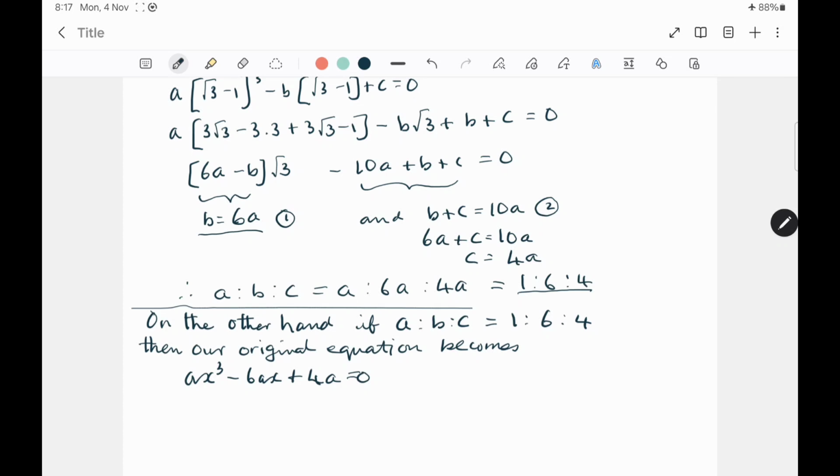And of course we can wipe the a's out by dividing through, so x cubed minus 6x plus 4 is 0. Now, we can easily show that x minus 2 is a factor.